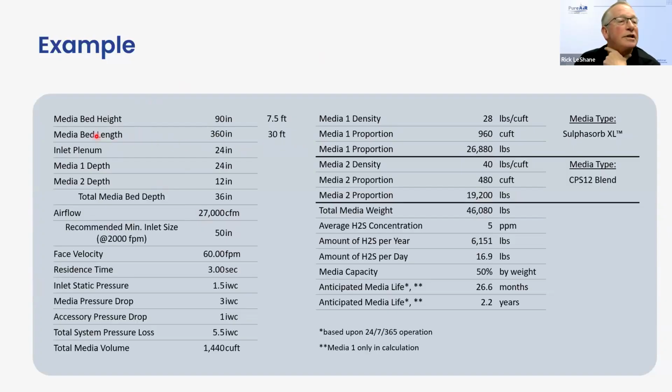You can see your media bed height and length, the depth of the media, a total of 3 feet. The flow, 27,000 CFM, which is a higher flow rate. And here's where we're talking about our velocities. There's our sweet spot, that 60 feet per minute, which is a 3-second residence time. Those two equate to each other.